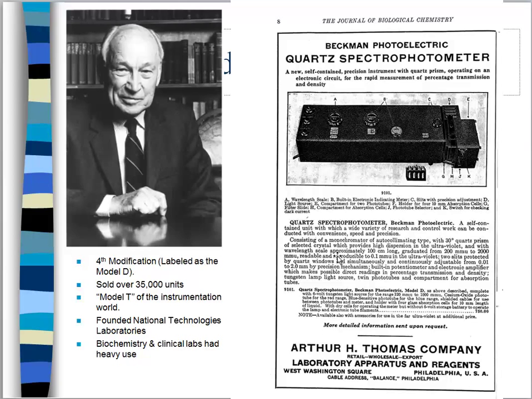So for instance, I can do DNA work, and some of that can be done on a UV-Vis instrument. I can also maybe look at contamination for blood and figure out maybe what kind of metals are there, like iron. So do I have high iron or low iron? And we could use a UV-Vis instrument to do that as well. So this is where it began to find its home.